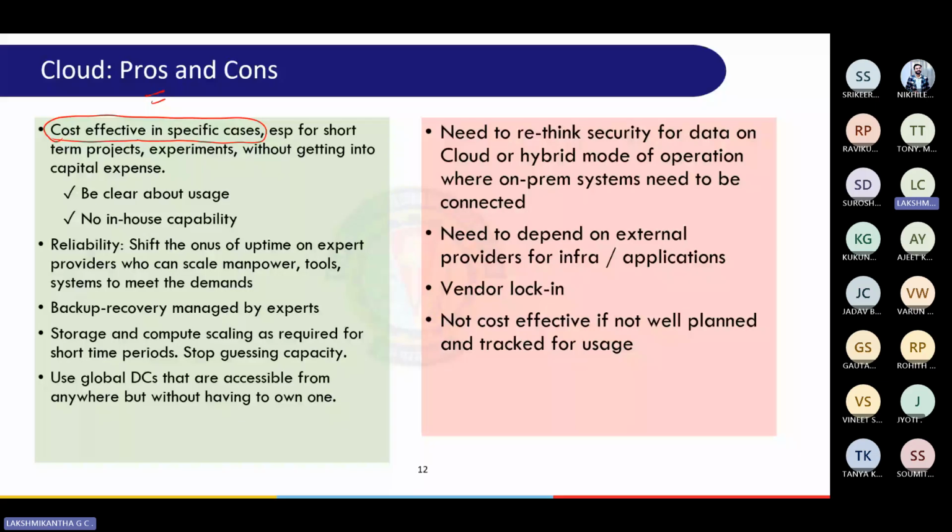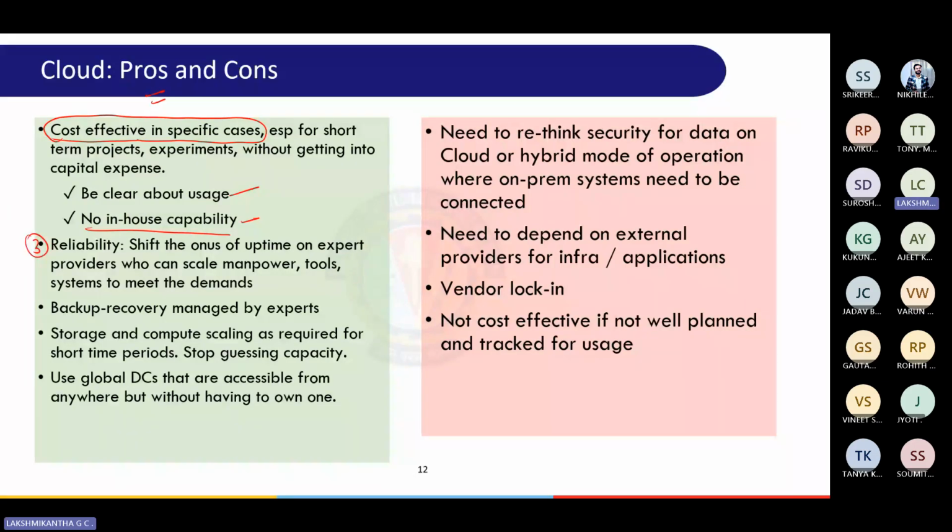The second advantage is no in-house capability. If your organization lacks the specialized manpower to build and manage a huge data center, the cloud solves this problem instantly. And the third advantage is reliability.